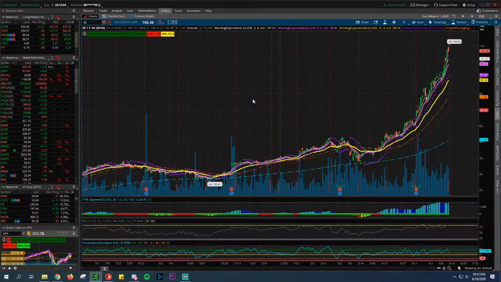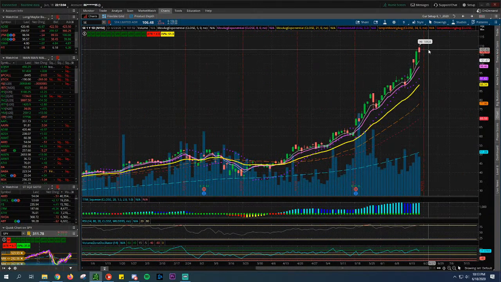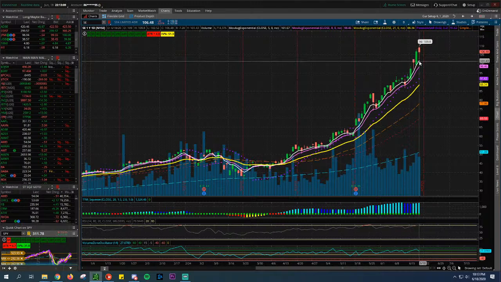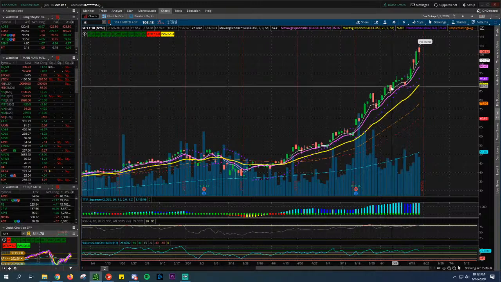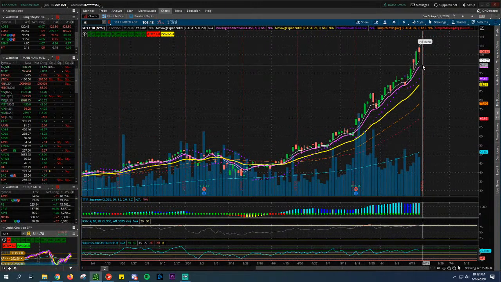So C Limited, I'm not sure what this does, but holy moly, that is a crazy looking chart. Since it hit an all-time high today, it's in uncharted territory again. You see that the 21 is not really in existence here. It's basically a very high momentum stock between the 5 and 8 exponential moving average, and it's been trading on those lines for quite some time.